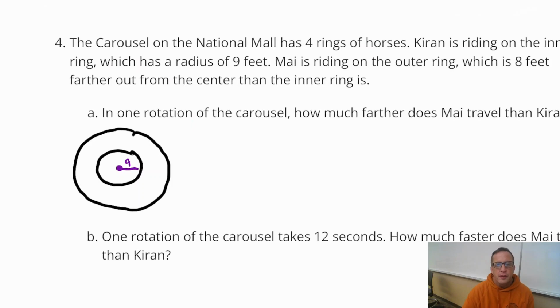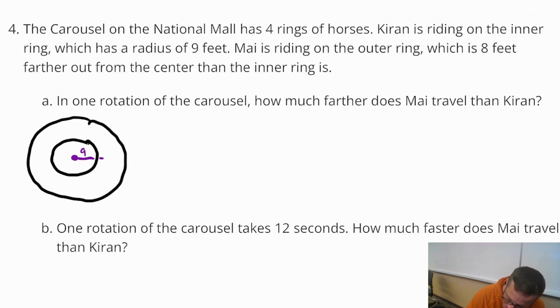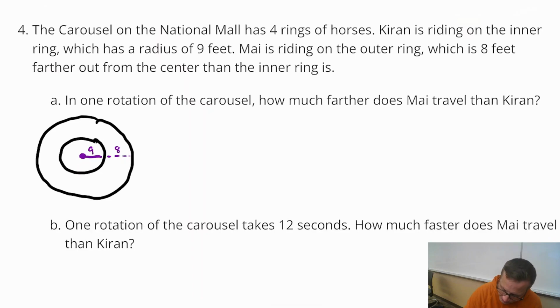Mai's riding on the outer ring, which is 8 feet farther out, so that's another 8 feet, which makes that 17. That right there is 17 feet.